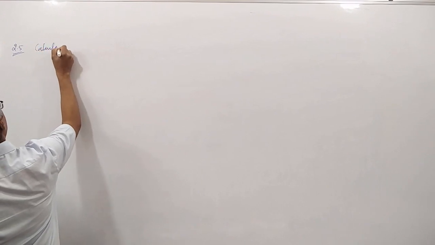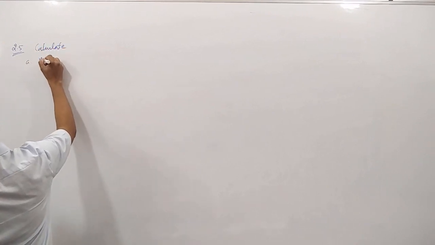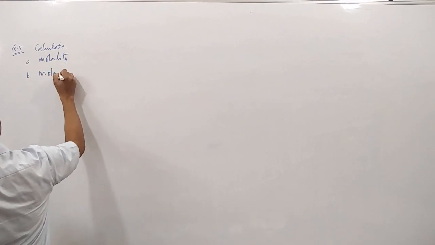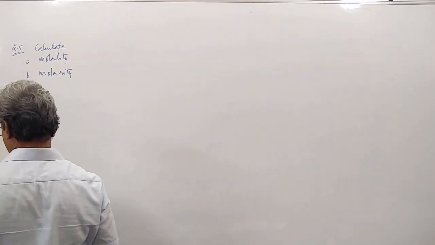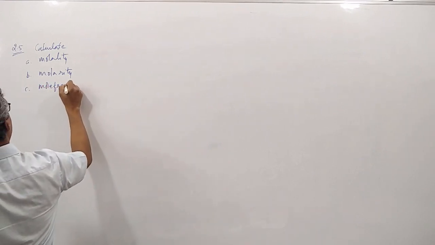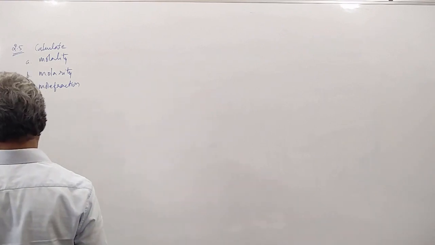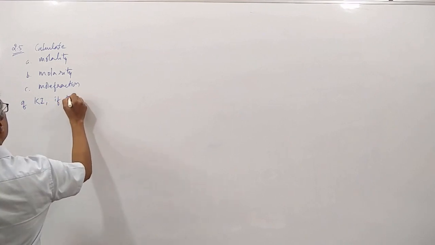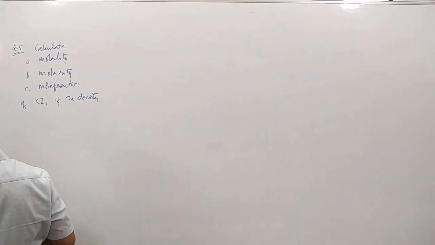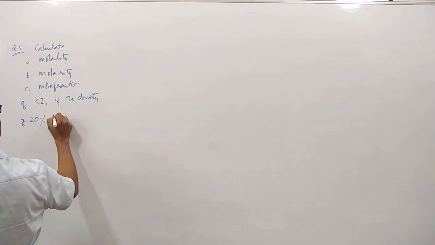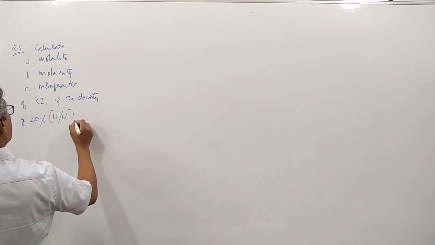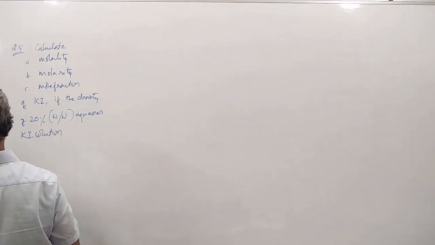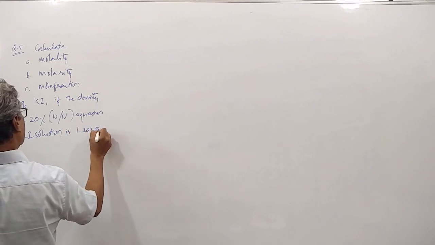Calculate A, molality; B, molarity; C, mole fraction of KI, if the density of 20% mass by mass aqueous KI solution is 1.202 gram per ml.